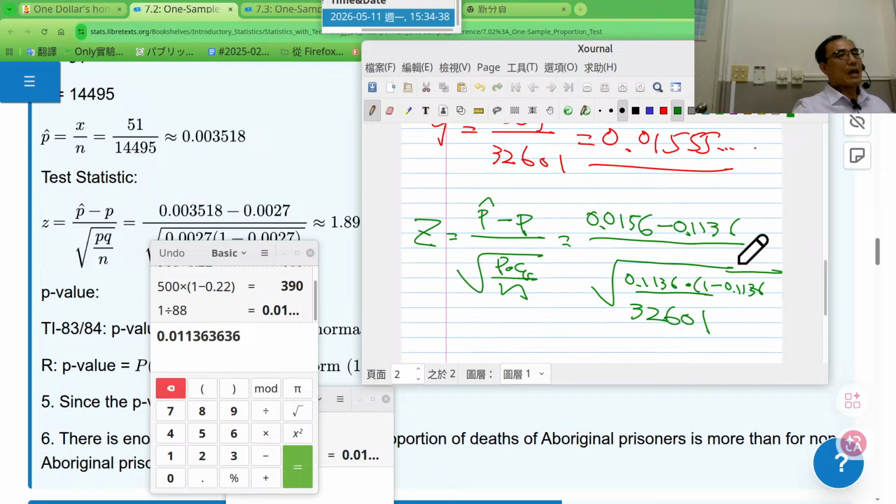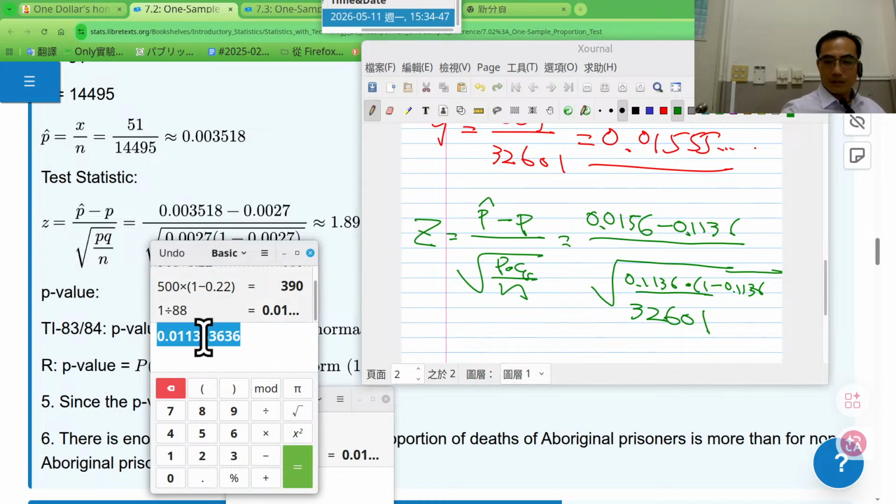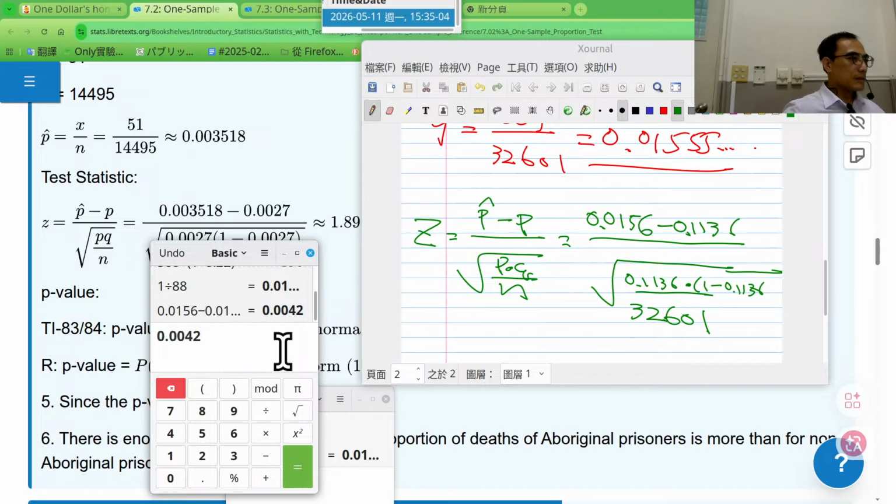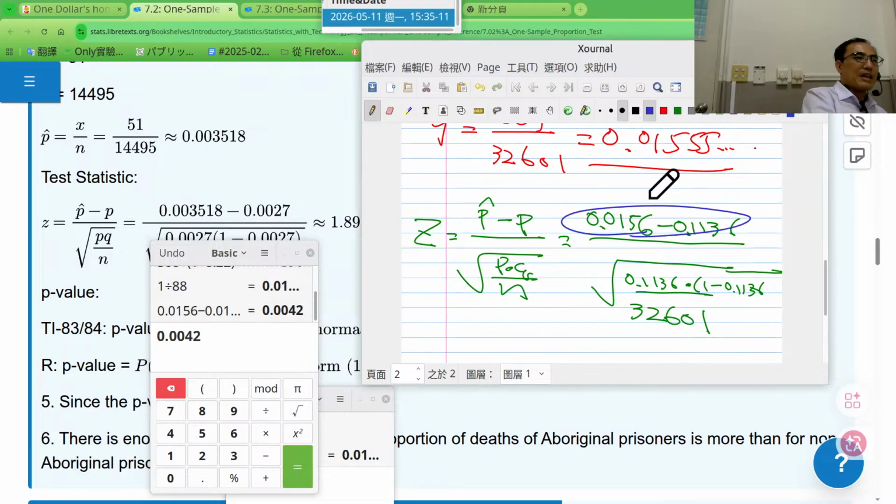My suggestion is we calculate this step by step. First of all, about the denominator.